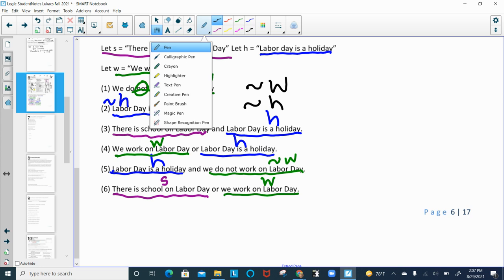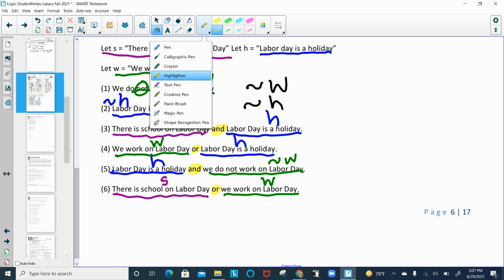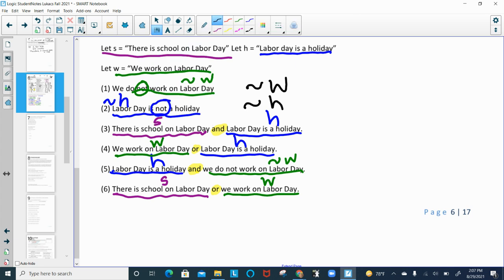But when you get down to number 3, 4, 5, and 6, there are things to change into symbols. See the and? See the or? And the or? So we actually have to put in the symbols for and or when we write the answer.